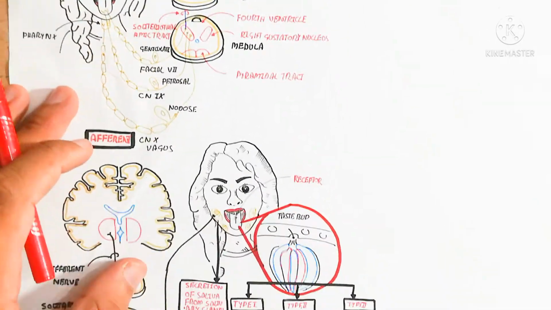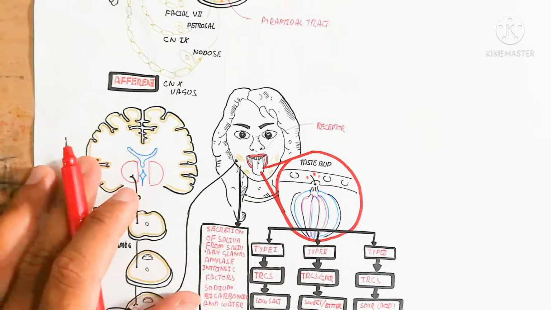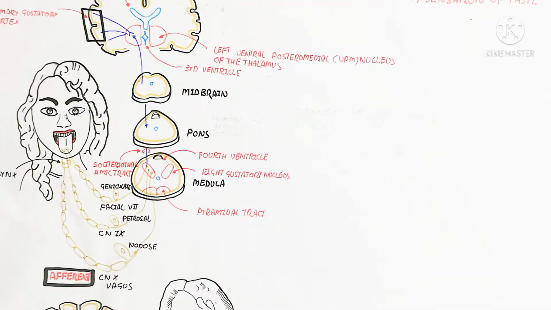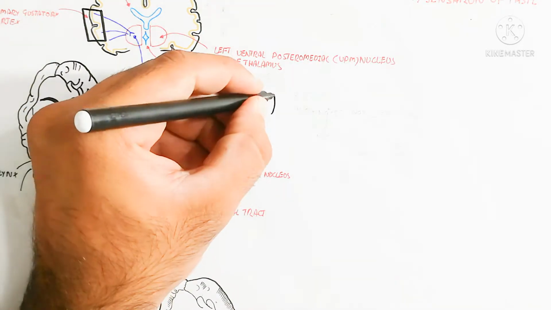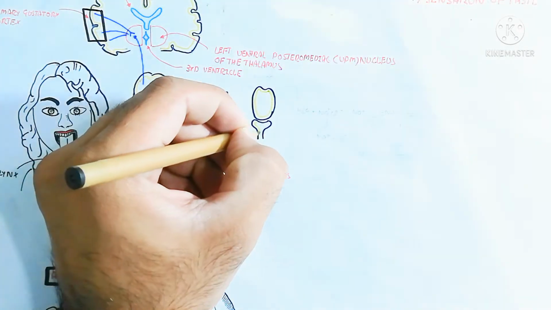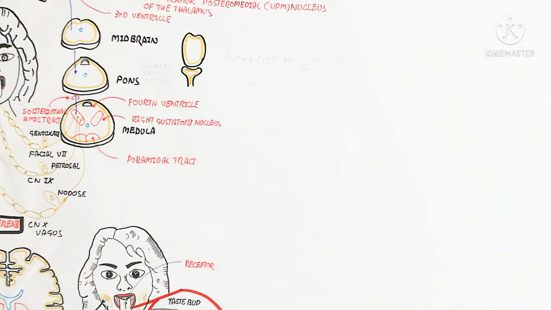So let's draw the whole cells to understand the mechanism of depolarization of the cell to give the signal toward the primary gustatory cortex, for example for the sensation of taste.